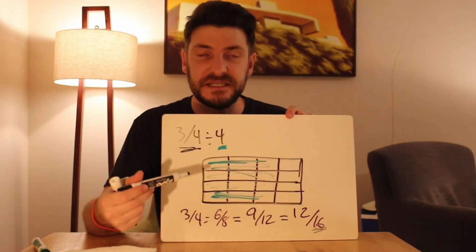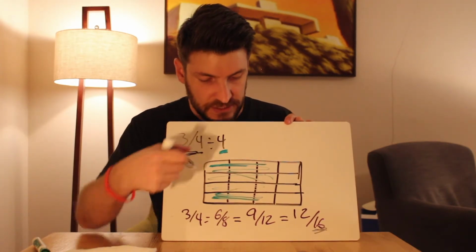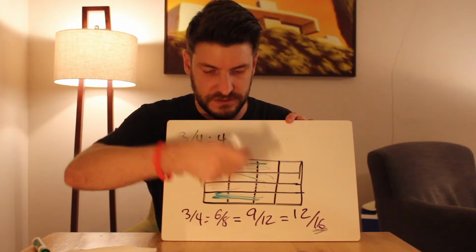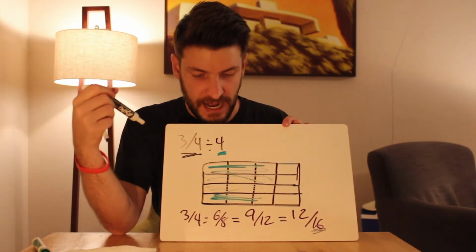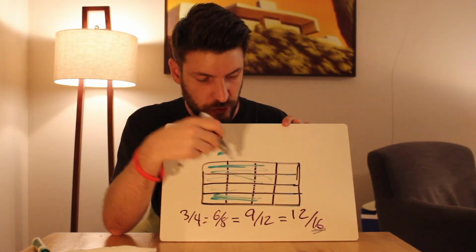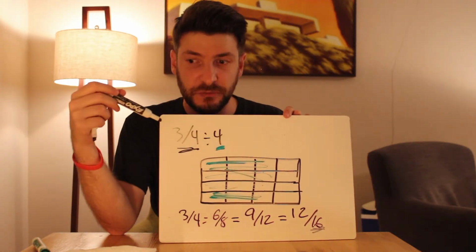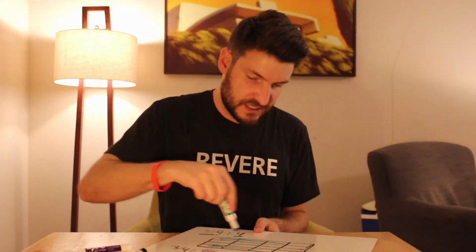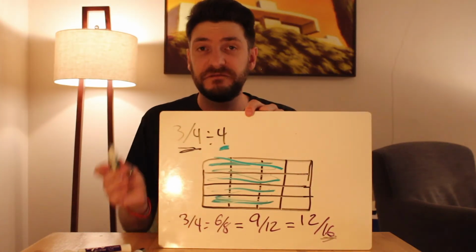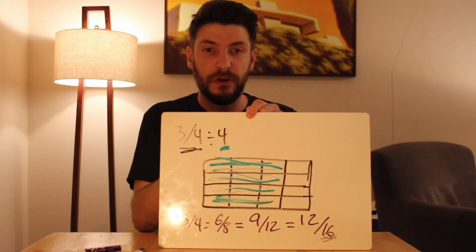So now I have 16 pieces. You still see where I had that original 3/4, divided that way, but now I have 16. Can I make 4 equal groups from the shaded region that I shaded before? Remember, that was this section right here. Yeah, I can make 4 equal groups, and I'll show you them right now.